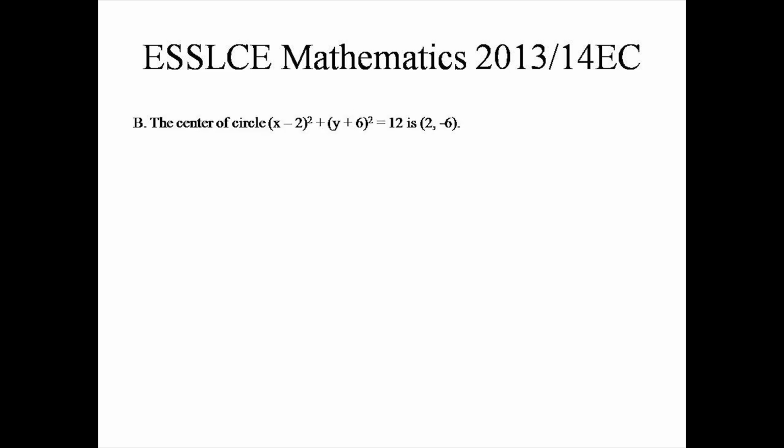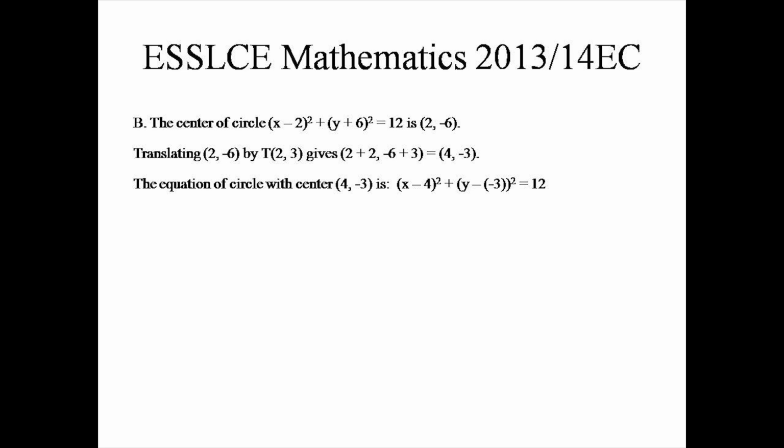The center of a circle, x minus 2 the whole square plus y plus 6 the whole square is equal to 12, is 2, negative 6. Translating 2, negative 6 by t 2, 3 gives 2 plus 2, negative 6 plus 3. 2 plus 2 is 4, negative 6 plus 3 is negative 3.